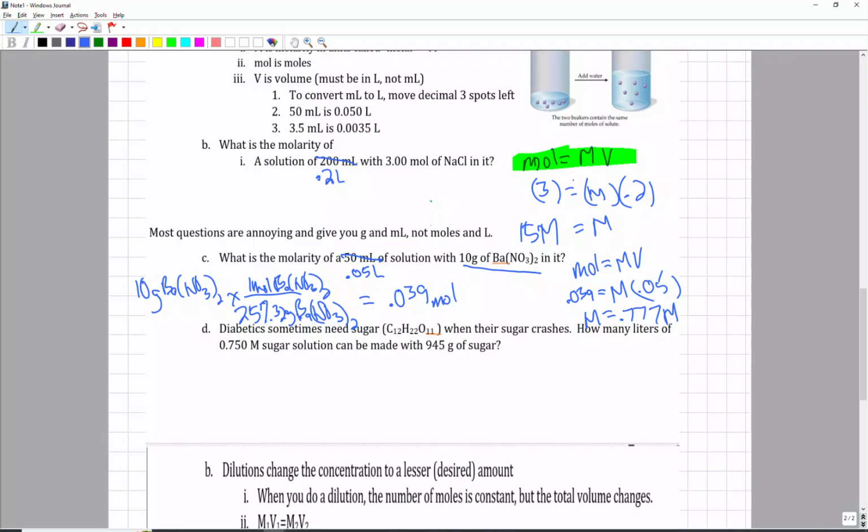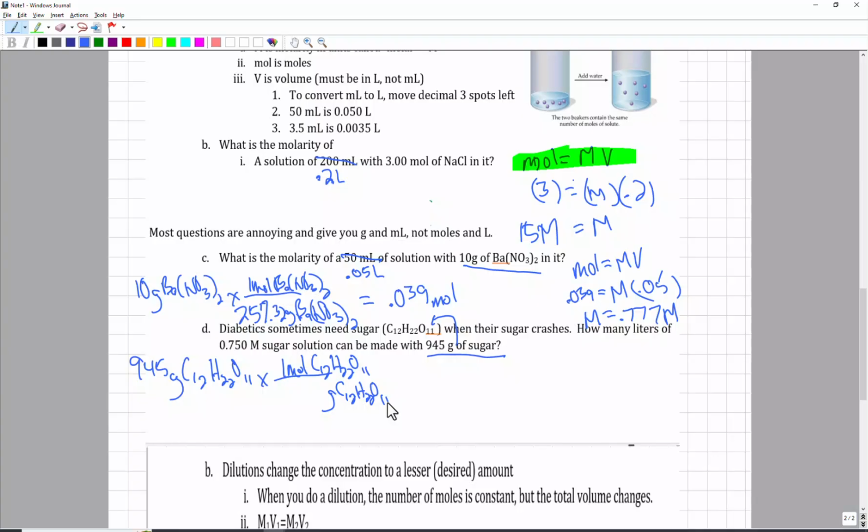How many liters of 0.75 molar sugar solution can be made with 945 grams of sugar? I've got grams. Always go through moles, always go through moles. C12H22O11. So I got to get this into moles. 1 mole of C12H22O11, grams of C12H22O11.